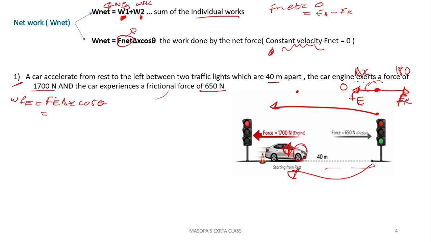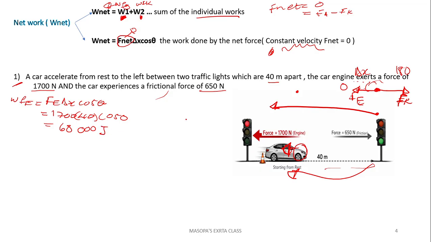The force of the engine is 1700, the delta x is 40, multiplied by 40, and the angle there is 0. And then we have 68,000 joules.